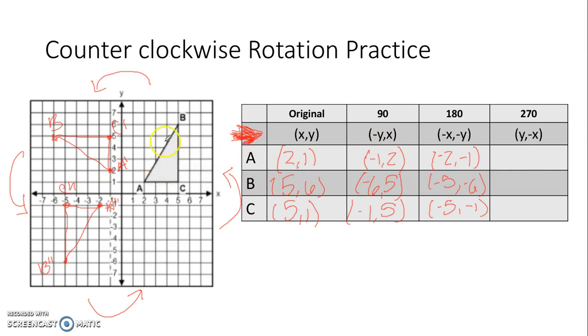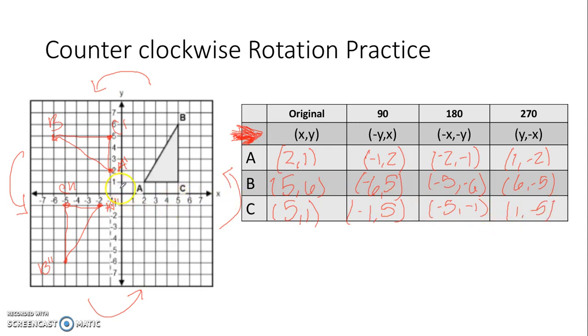And then 270 degrees counterclockwise, it's going to be the opposite order as the original. I'm sorry, no, they're both not going to be negative. That was the last one, I apologize. So it's going to be positive and negative. So it's going to be 1, negative 2, 6, negative 5, and 1, negative 5.